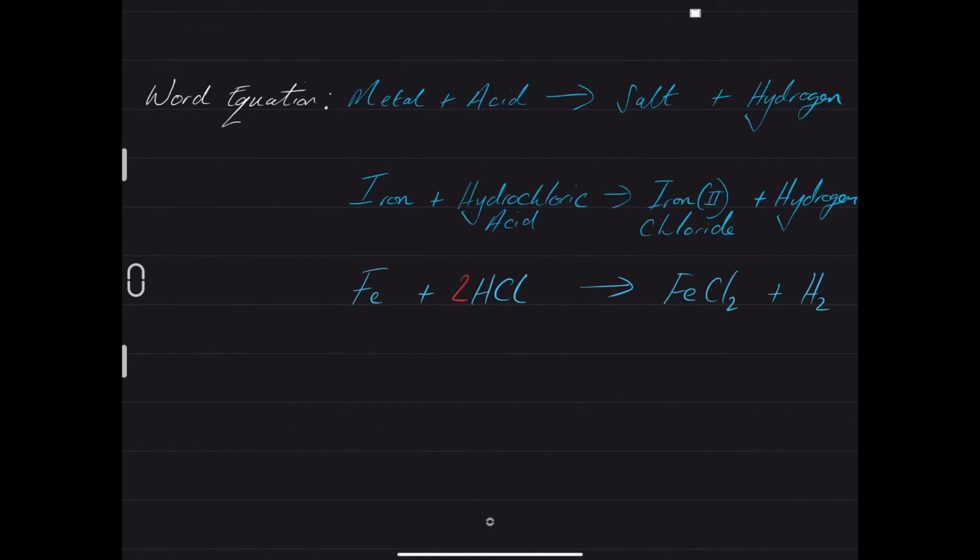Iron is on its own, 1 iron on the left hand side, 1 iron on the right hand side. Chlorine, we have 2 chlorines on the right hand side. By putting 2 here, we also have 2 chlorines on the left hand side. So this is now balanced.